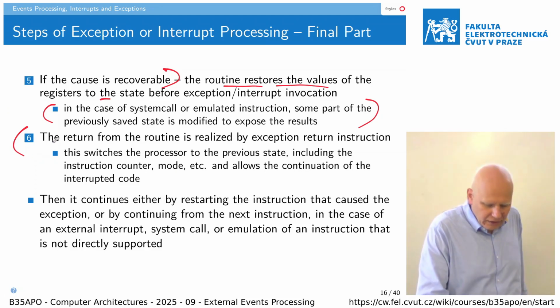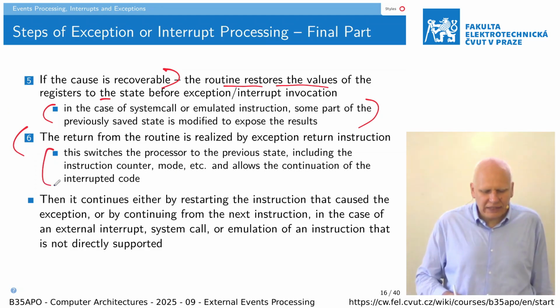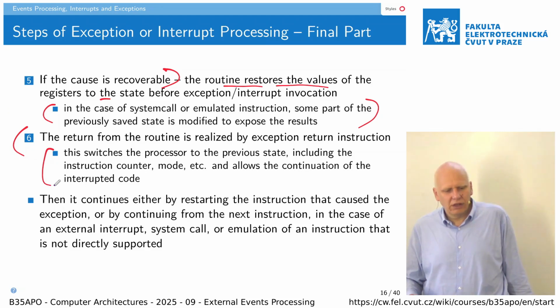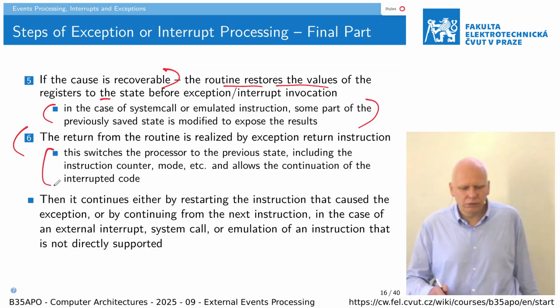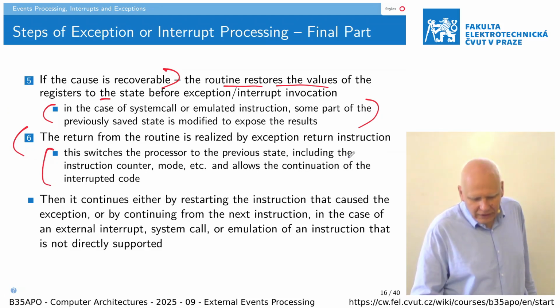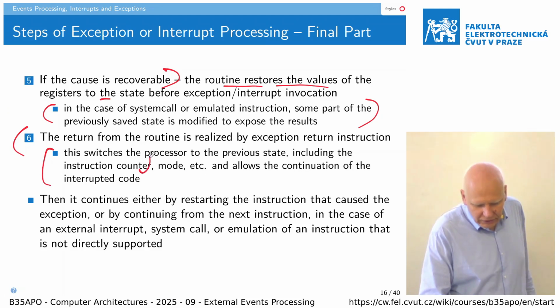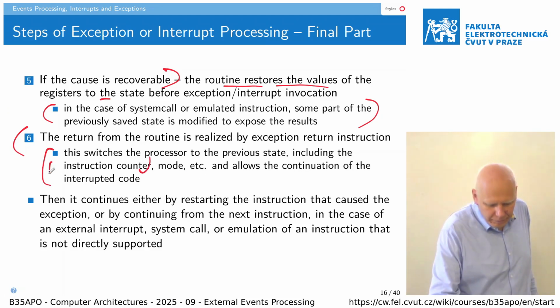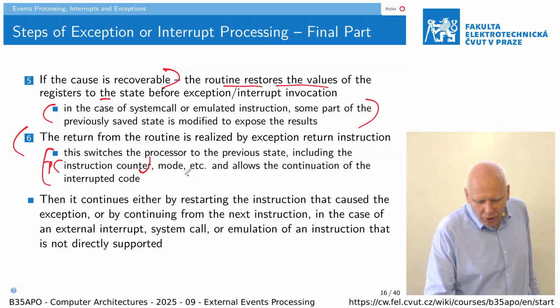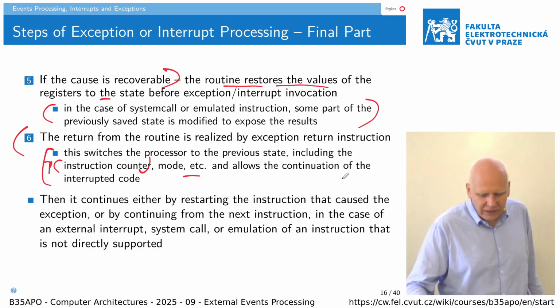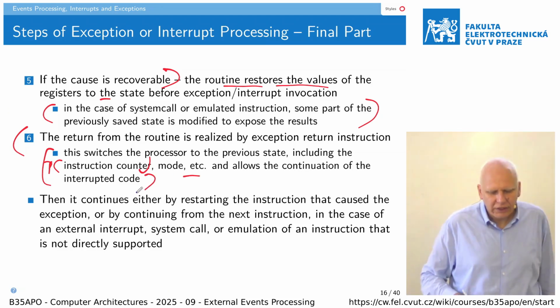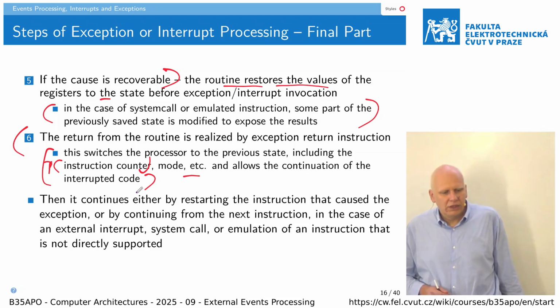And in the hardware there is a switch of the processor back to the previous state, including instruction or program counter mode, and it allows continuation of the interrupted code.